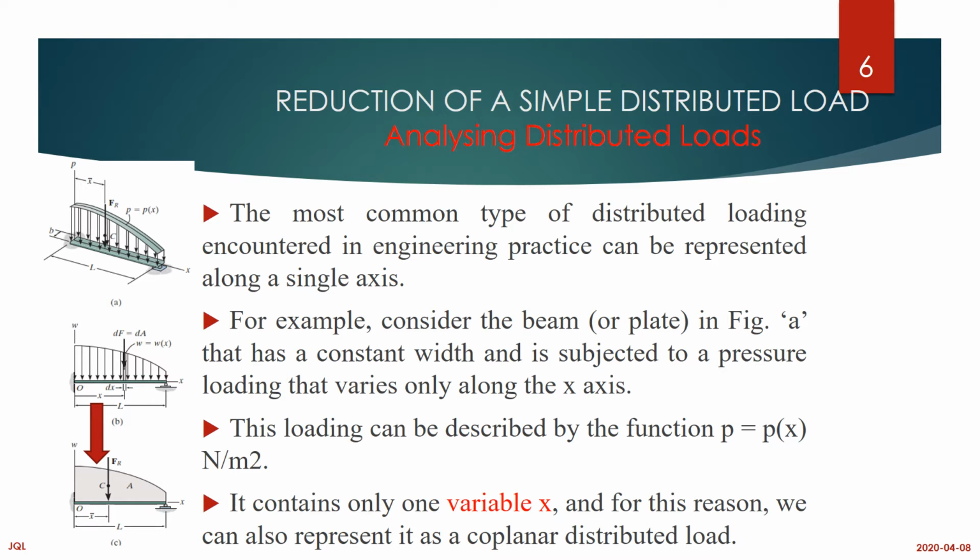This loading can be described by the function p = p(x). And of course, this is pressure, so it will be in newtons per square meter. It contains only one variable, which is x.